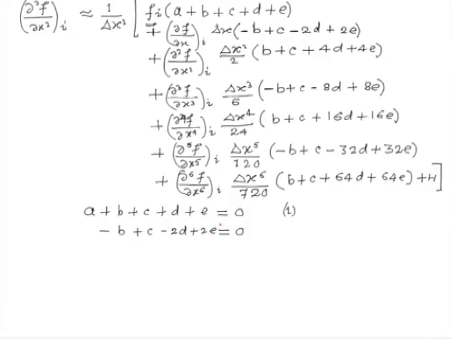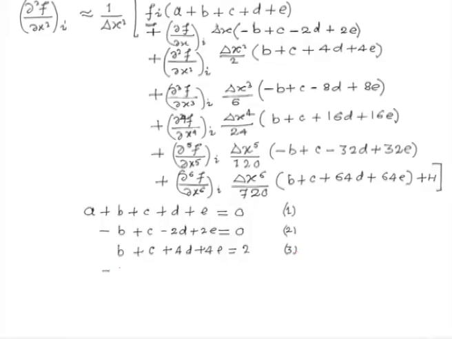Next, compare the coefficients of del 2f over del x square. So, this will give us b plus c plus 4d plus 4e is equal to 2. So, now we have 3 equations. We need 2 more. So, let's next compare the coefficient of del cube f over del x cube at both the sides.